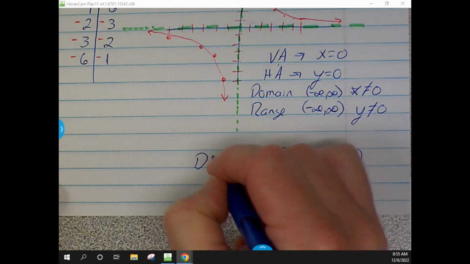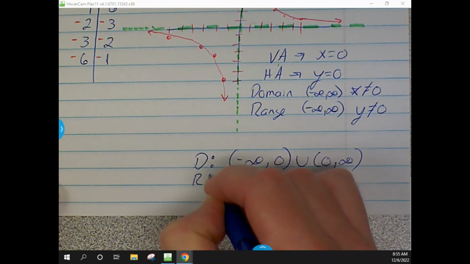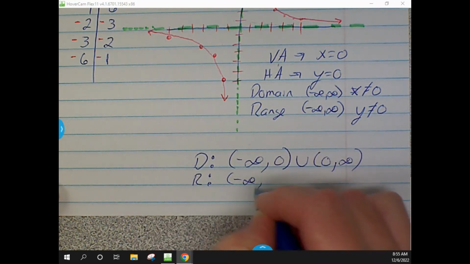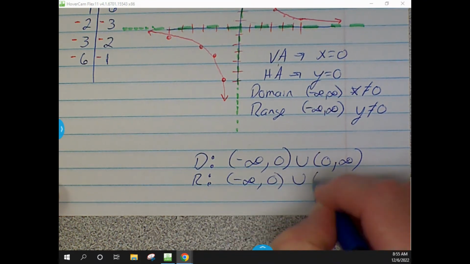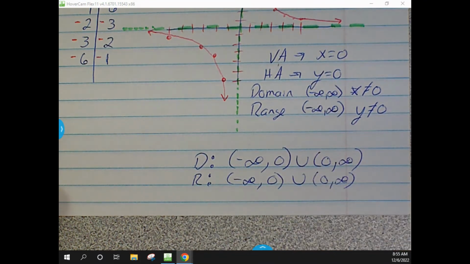And then range would basically be the exact same thing, carbon copy there. Because basically you're skipping 0 on the x-axis and you're skipping 0 on the y-axis. So it may list it like this. It might list it like that if they have you start talking about domain and range. I don't remember which one Math Excel asked you to do.